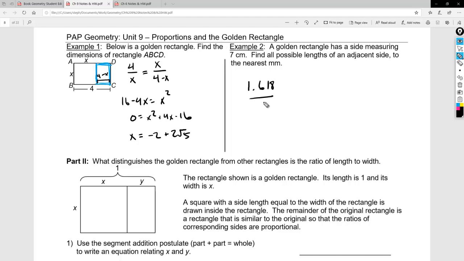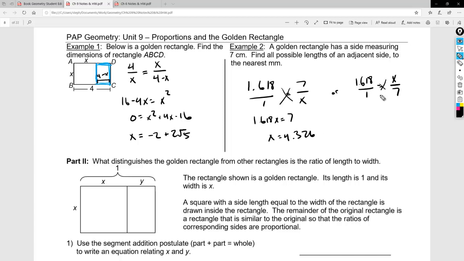1.618 is to 1 as 7 is to x, or 1.618 is to 1 as x is to 7, depending on whether 7 is the longer or the shorter side. Okay, so if we solve this out, again we can cross multiply. 1.618x is equal to 7, so x is 4.326.